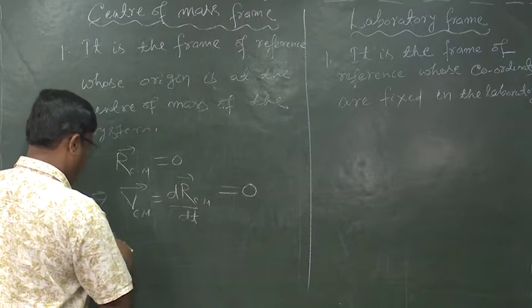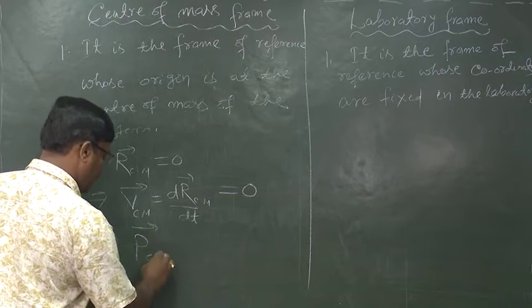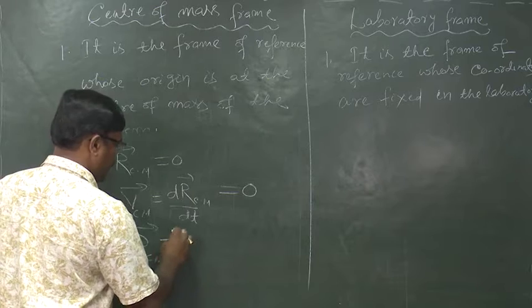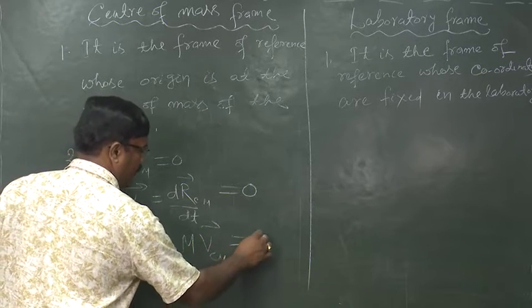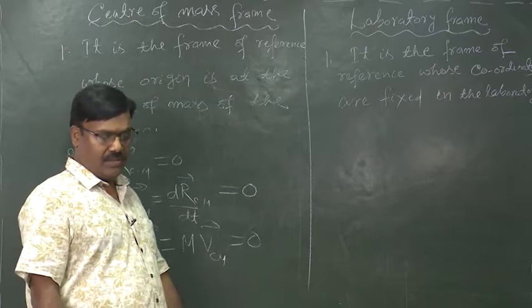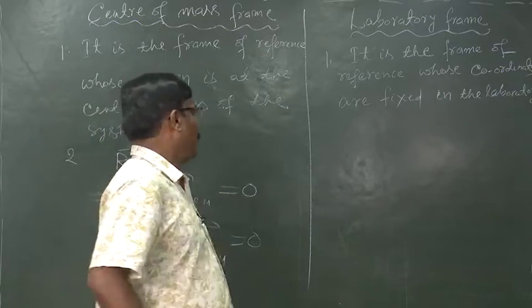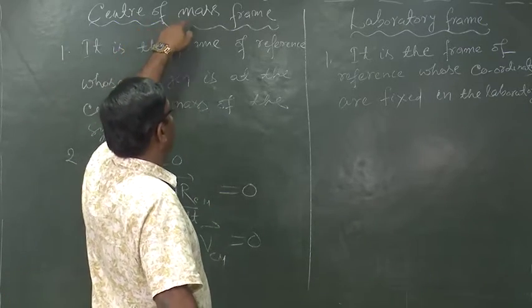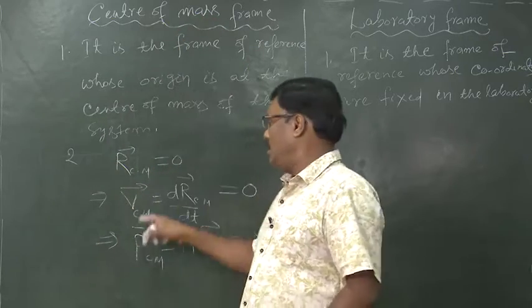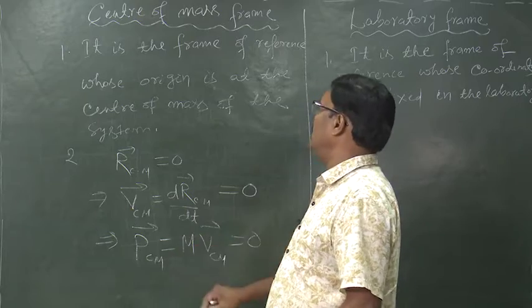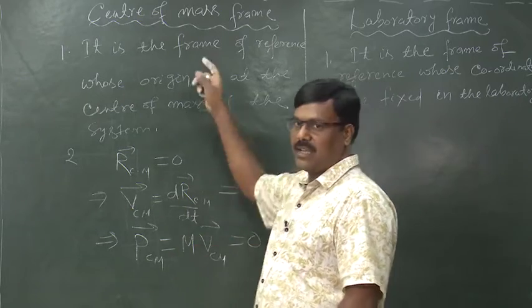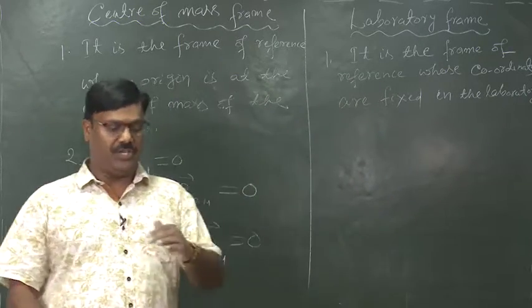So, the momentum of the center of mass, M V center of mass, will also be equal to 0. That means, with respect to the center of mass frame, the position vector, the velocity and the momentum of the center of mass will be 0.